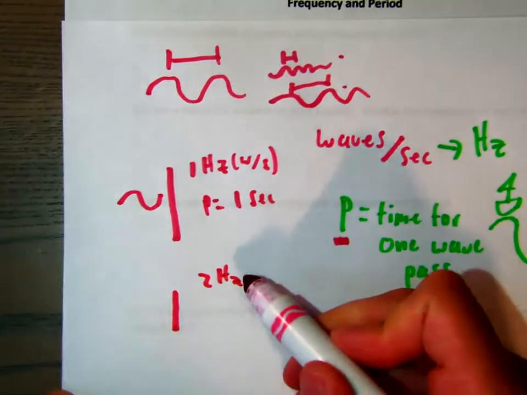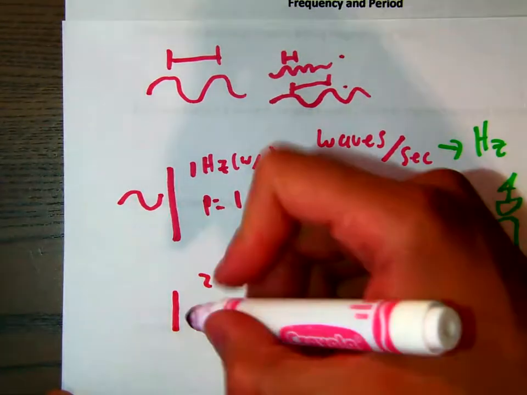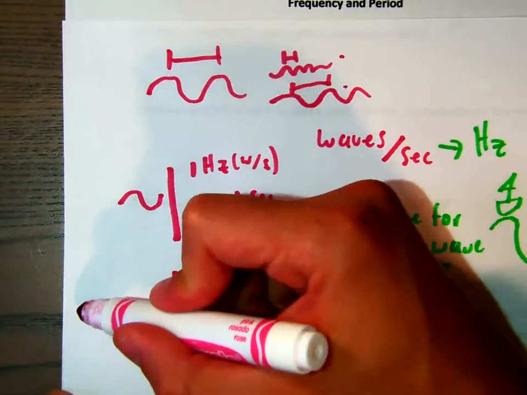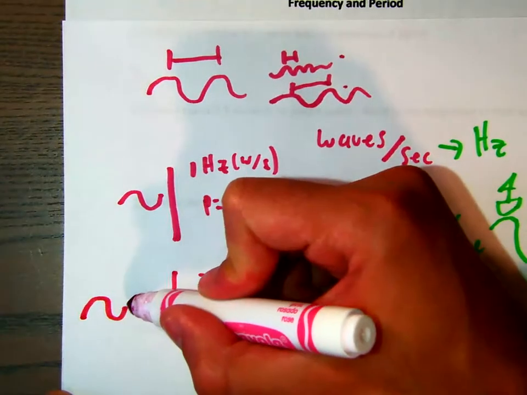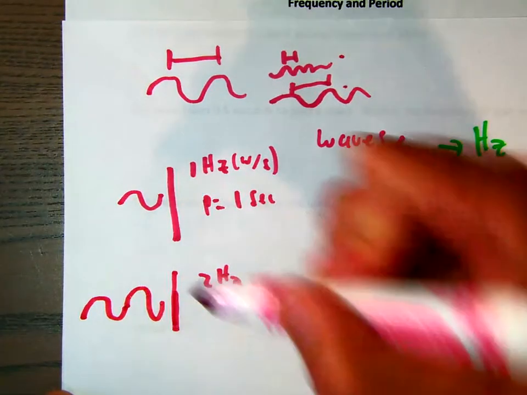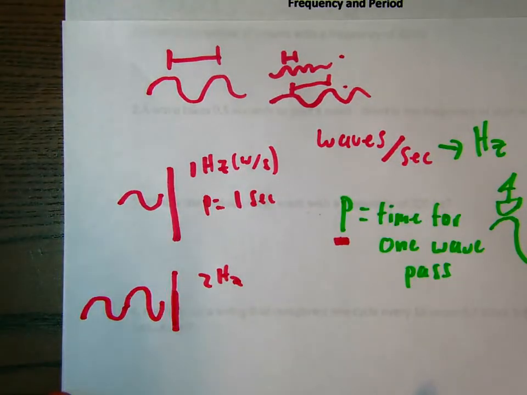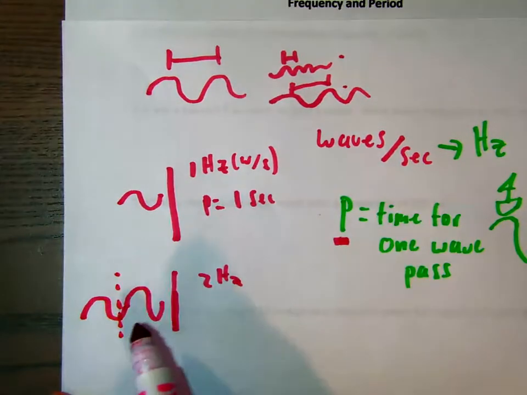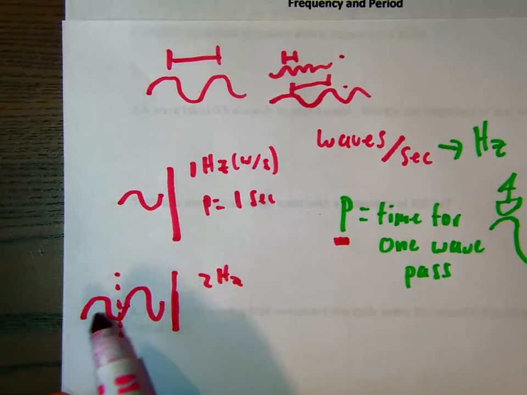Now let's say I have a different wave with a frequency of 2. In other words, I get 2 waves per second. So in 1 second, I would get 1 wave and 2 waves. Now I have to figure out the time it takes for each single wave to pass.